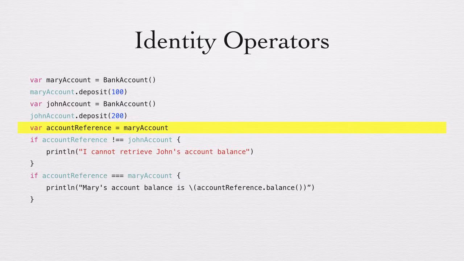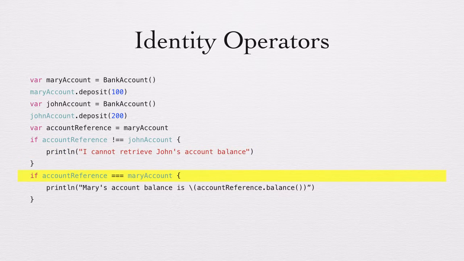We now create a reference variable that is set to refer to Mary's account. We now use one of the identity operators to check if the current account reference refers to John's account. As it does not refer to John's account, we print an appropriate message to the user.